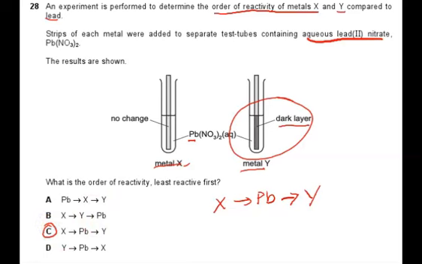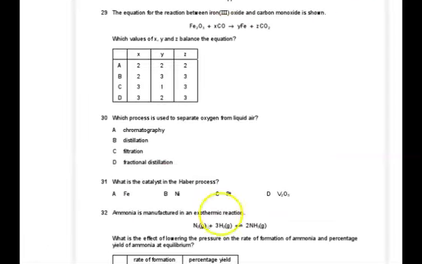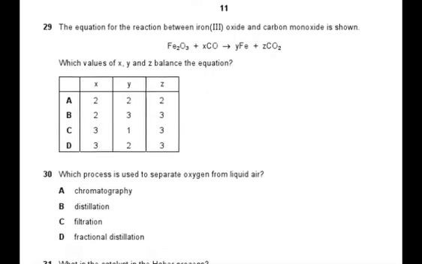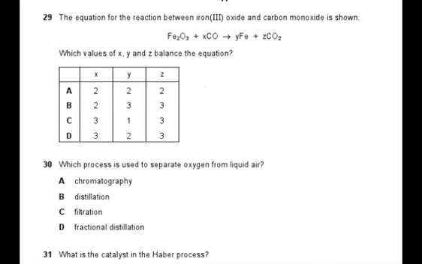Okay, now let us look at the next one. The equation for the reaction between iron(III) oxide and calcium monoxide is shown below. Which values of X, Y, Z balance the equation?